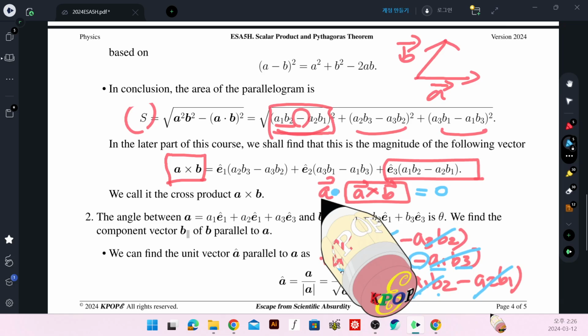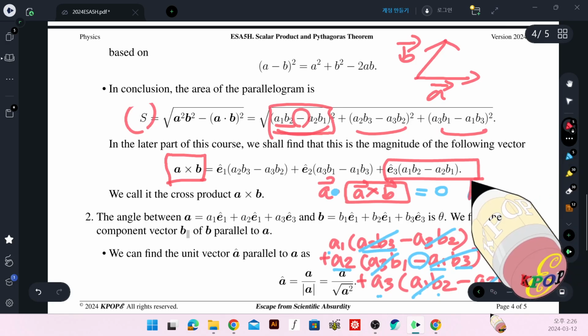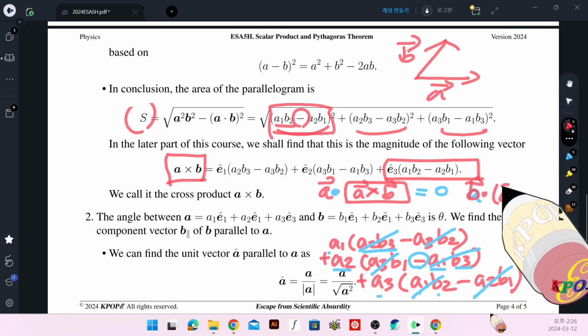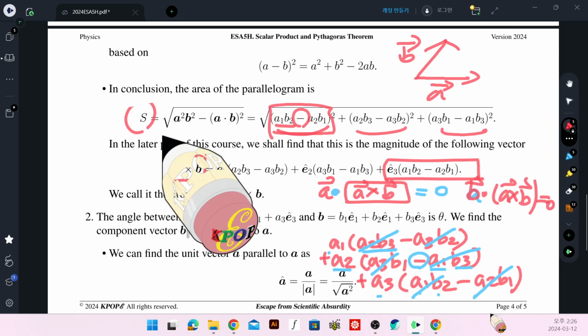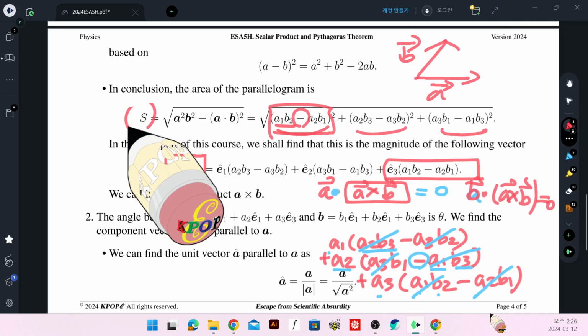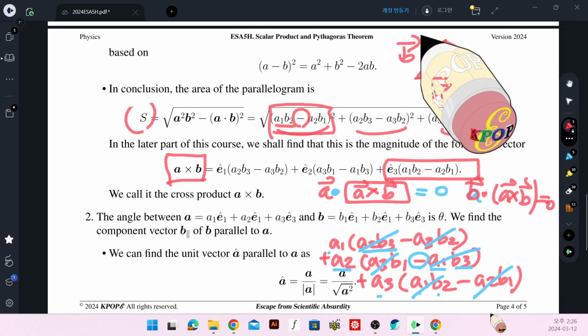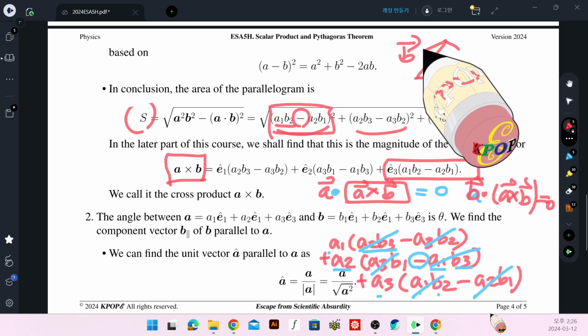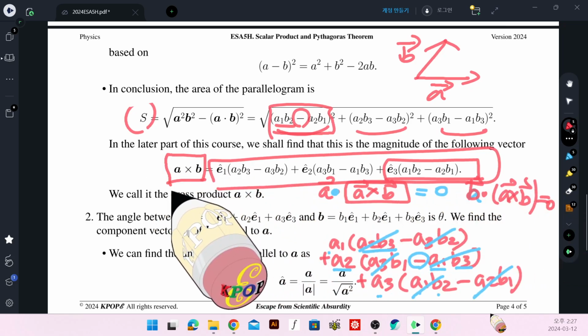In a similar manner, if I multiply B dot to this A cross B, then it is also 0. Therefore, we find that the area of a parallelogram spanned by A and B has the magnitude of this vector called the cross product of the two vectors.